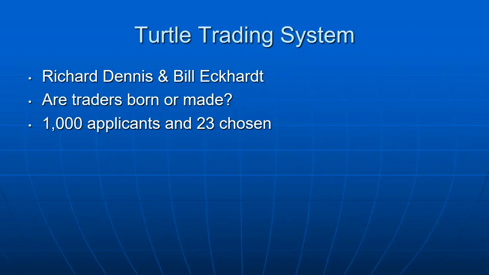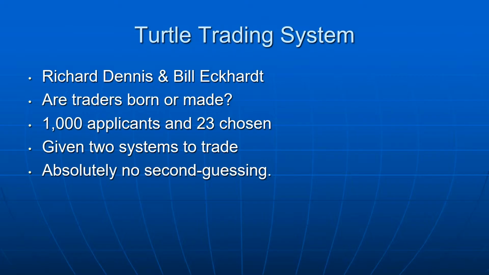The idea behind this system, in order to answer whether or not this could work, was that they asked them to follow the instructions of how to trade these systems to the T. In other words, there's no second guessing whatsoever. They were given 2 different systems to trade, so they really weren't given many options on what or how to trade. But the biggest thing was that they had to follow these exactly. No second guessing at all.